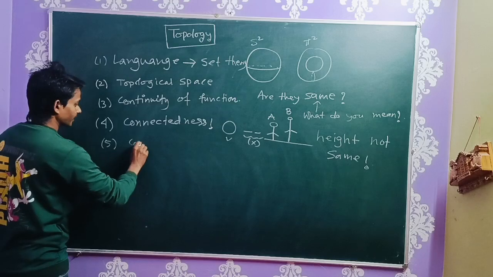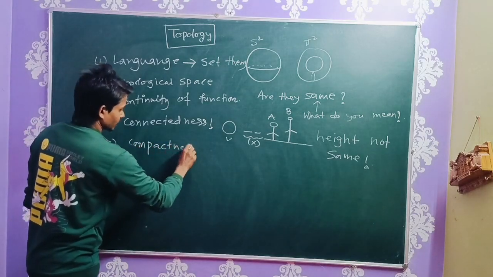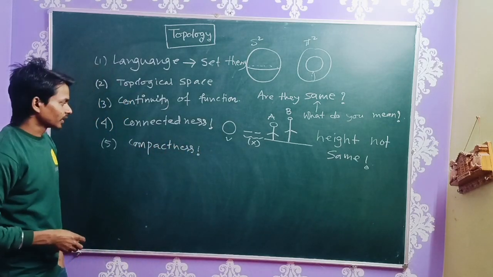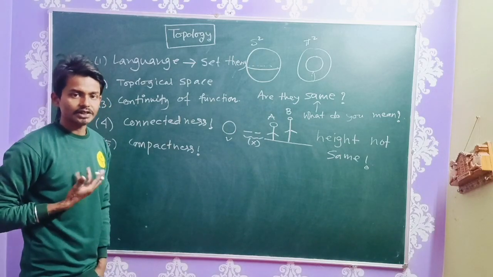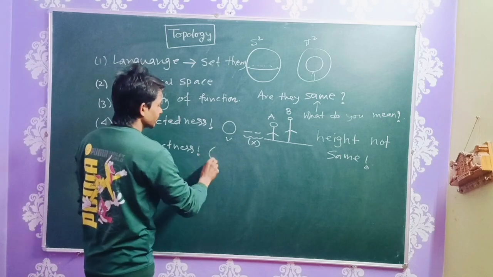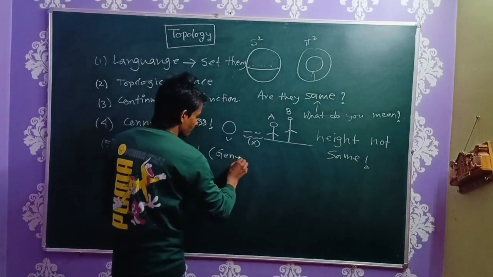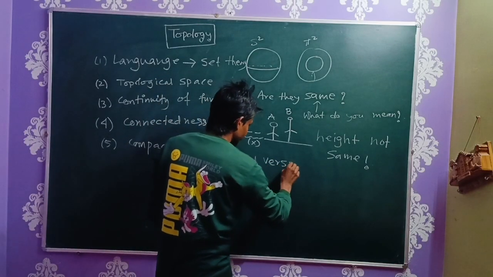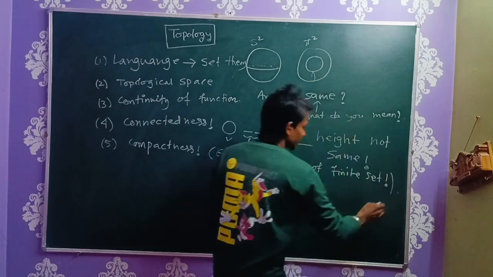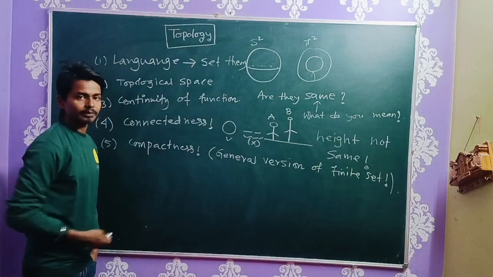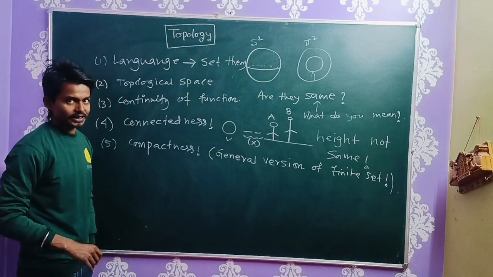Then next we define compactness. Compactness is very important. You can explain compactness inside the topological space in different ways. My favorite is in terms of functions. Compactness is a generalization of finite sets in the topological space, in some sense.